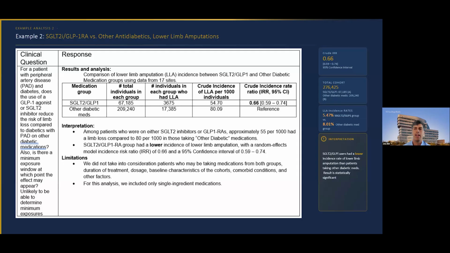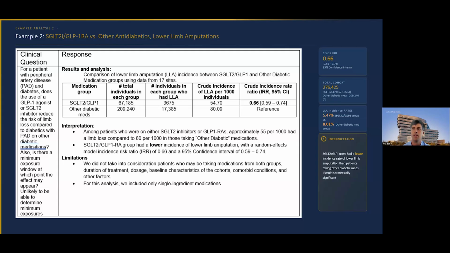They also asked us whether there is a minimum exposure window at which this effect may appear. At this point, we're not able to give you the minimal exposure period when those two groups might diverge in rates of lower limb amputation. So we weren't able to answer that part of the question, but we were able to get some evidence for the general question.